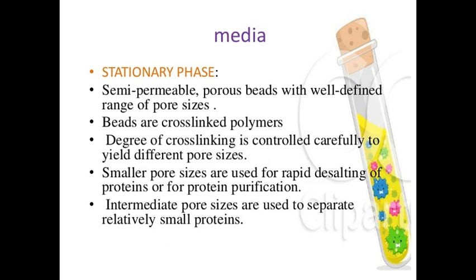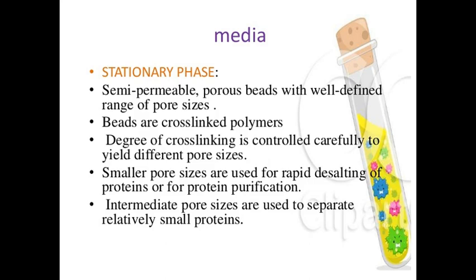Okay, smaller pore sizes are used for rapid desalting of proteins or protein purification. If you have a sample of protein and there is a contamination, any salt, you can remove that salt with the help of smaller pore size beads.